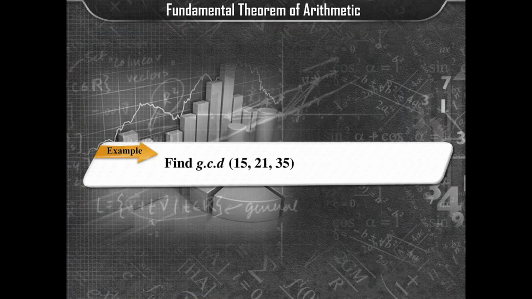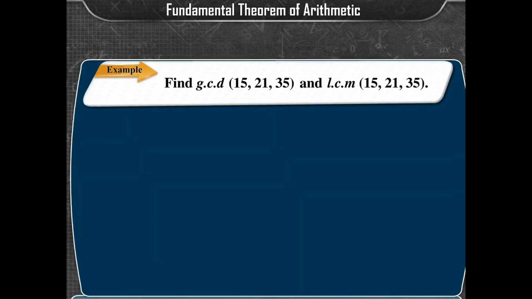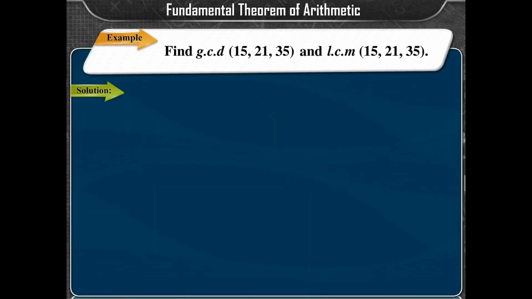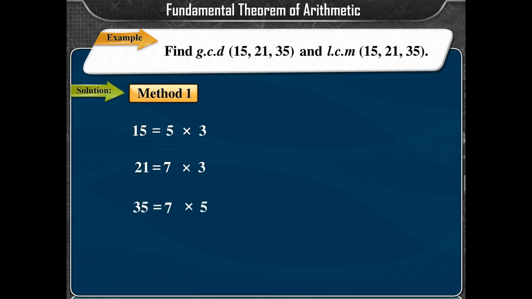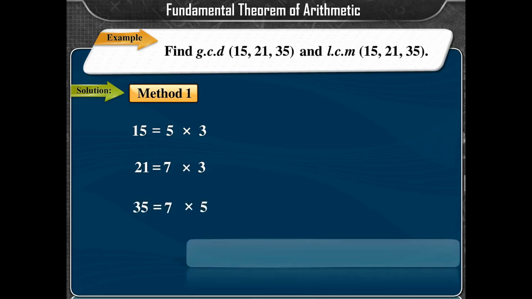Example: find GCD and LCM of 15, 21, 35. Solution: first we find GCD of 15, 21, 35. Method 1. 15 is equal to 5 into 3. 21 is equal to 7 into 3. 35 is equal to 7 into 5.